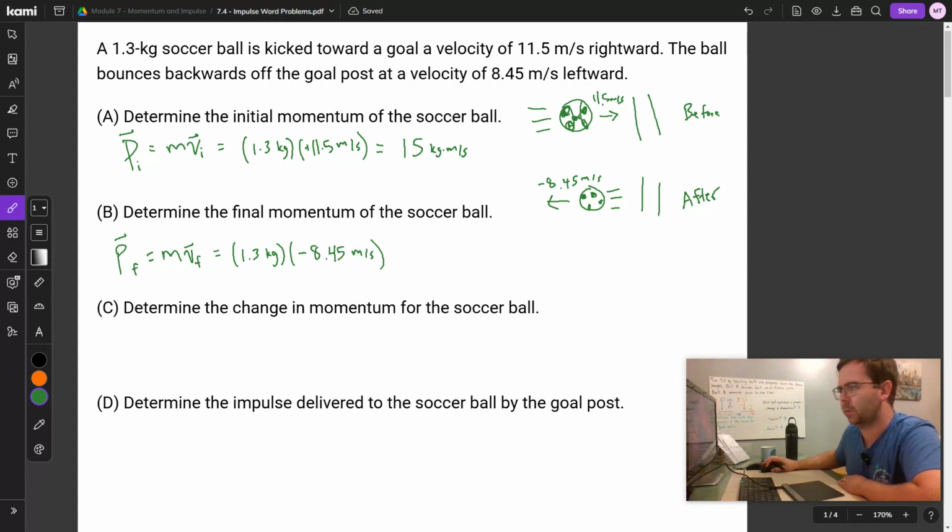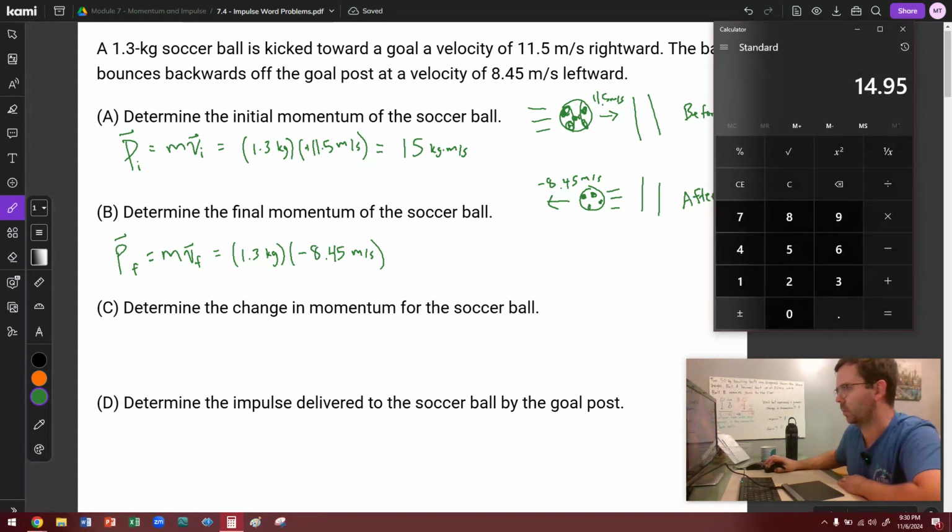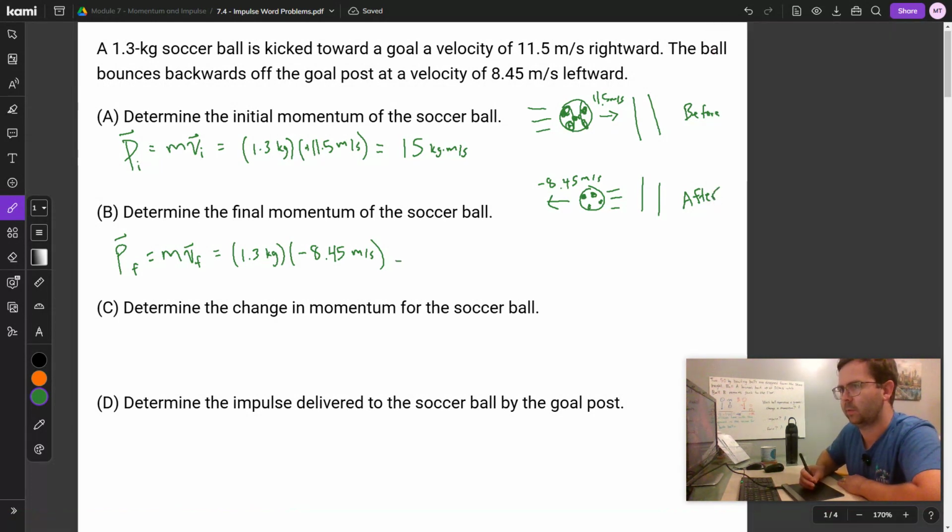All right, so when we put that in our calculator, we'll know our answer is going to be negative. So I'll put in 1.3 times 8.45, and then I'll round that to two sig figs again, and it's going to be negative 11, rounded up. So initial momentum was 15, final momentum is negative 11.